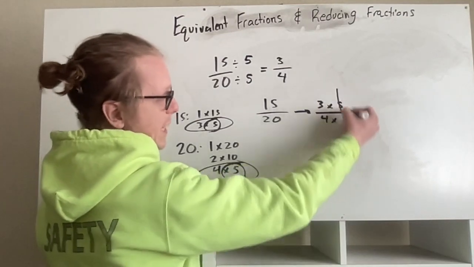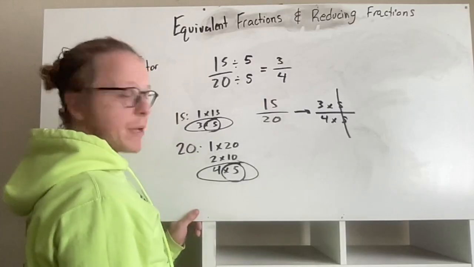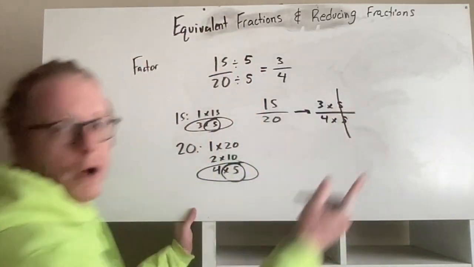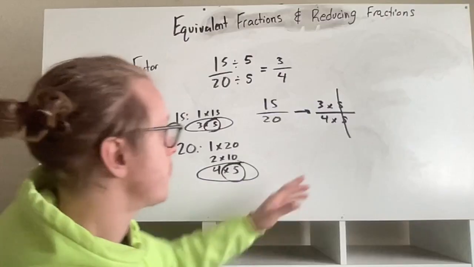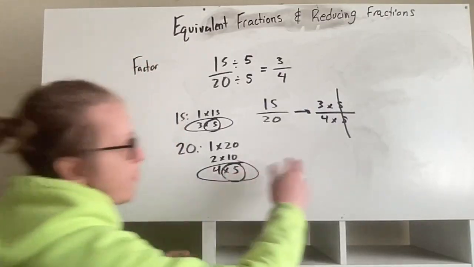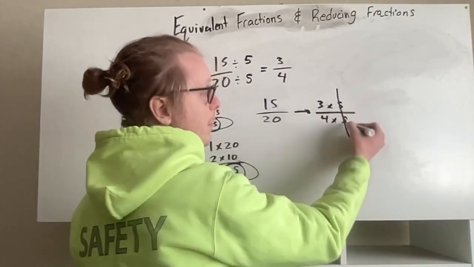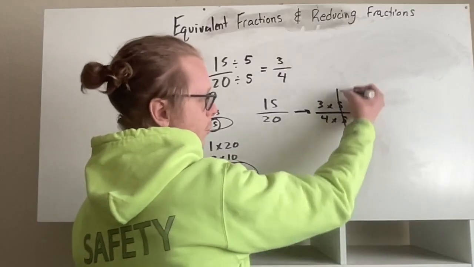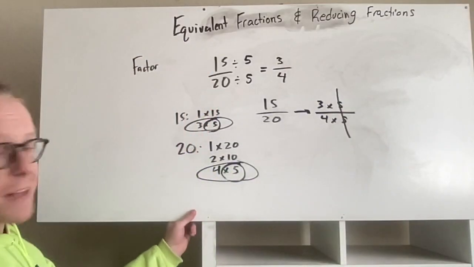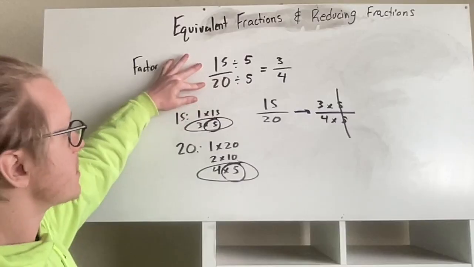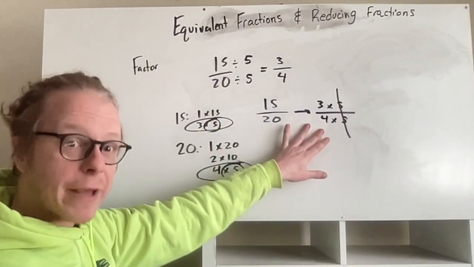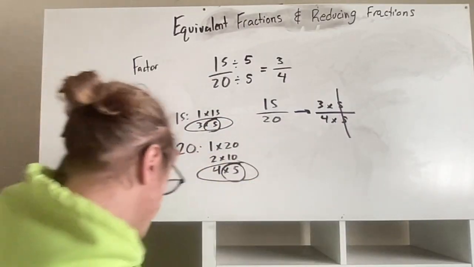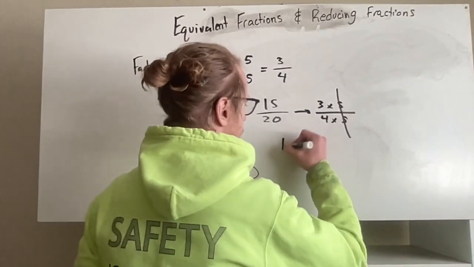And we can just cross it off because multiplying by 1 doesn't change anything, right? So when we have fractions, if everything's being multiplied, we see the same number in the numerator and the denominator like this, we can cancel them out. Okay, that's another way to think about it. You can think about it like this, or you can think about it like this, whatever makes the most sense for you.